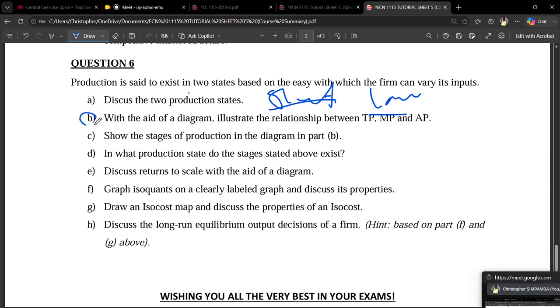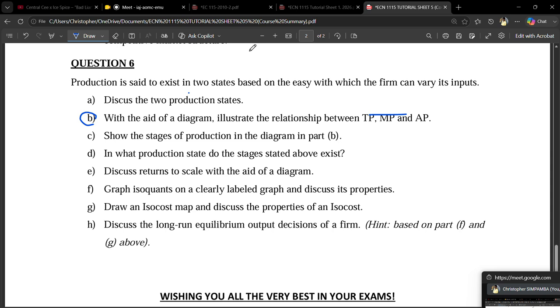B is saying that with the aid of a diagram, illustrate the relationship between total product, marginal product and AP. Remember that I drew a curve at first.